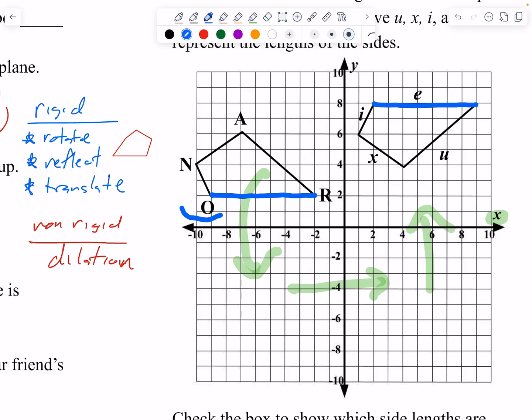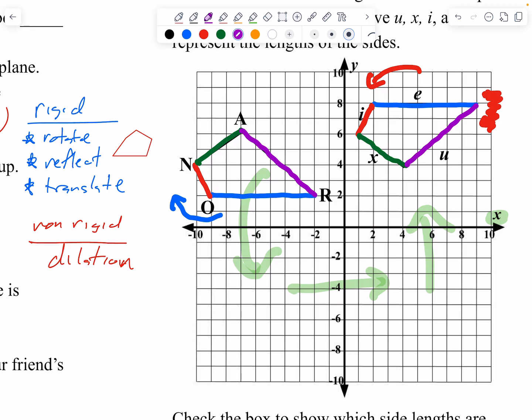If I go in this direction, now I'm going to this small one. So am I going to go to the right or to the left for the new one? Well, in this case, I'm going to go to the left, which means that O goes with NO, which means that NA goes with X, and that means that AR goes with U.